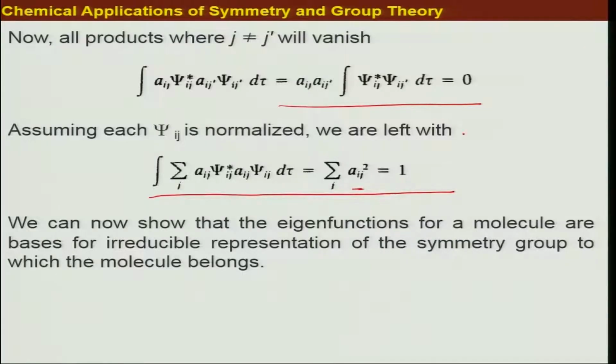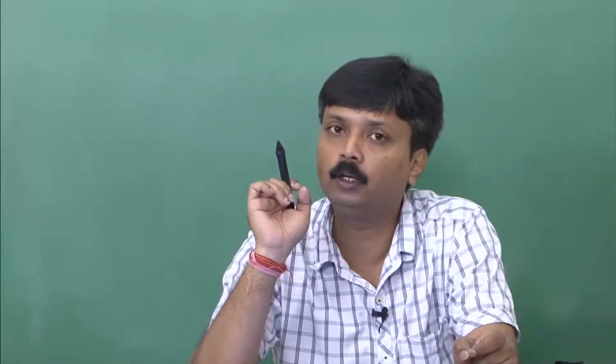So having this knowledge, now we can show that the eigenfunctions for any given molecule can act as the basis for the irreducible representation of the symmetry point group to which that molecule belongs. Okay. This is a very, very important clause.